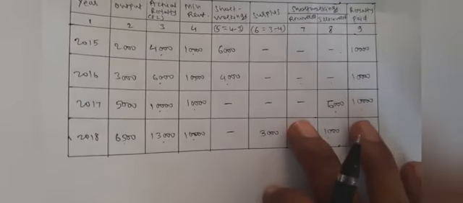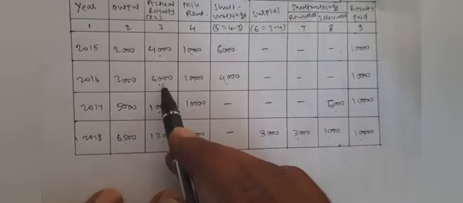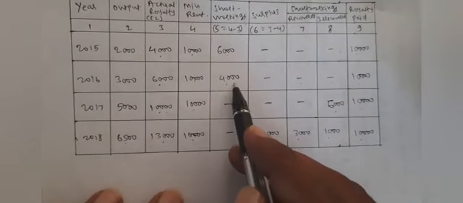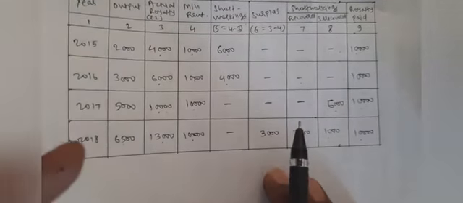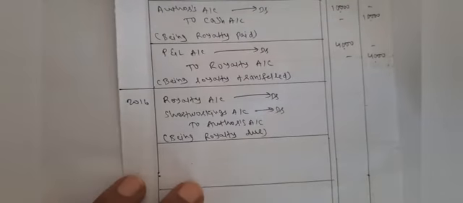See the amount here: royalty is 6,000, short workings is 4,000, and actual royalty paid is 10,000.